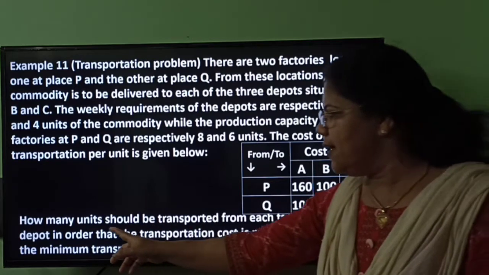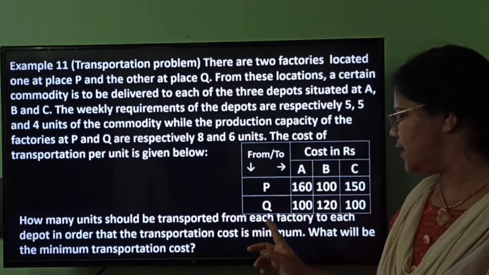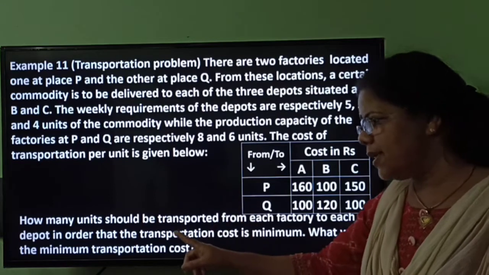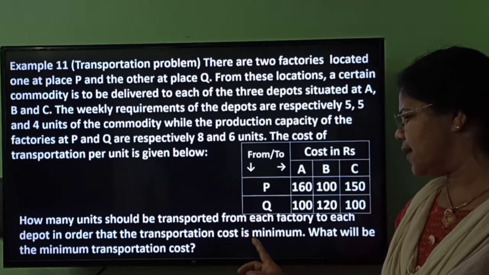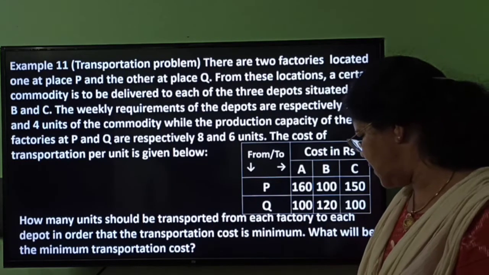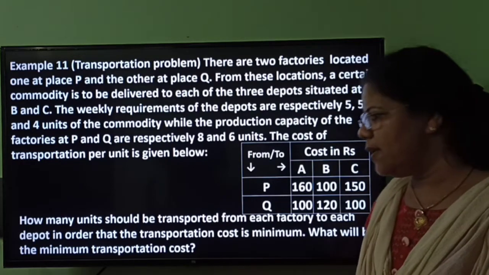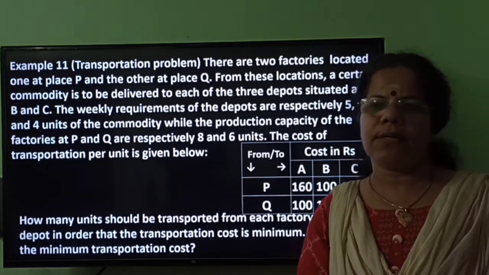Finally, how many units should be transported from each factory to each depot so that the transportation cost is minimum? What will be the minimum transportation cost?